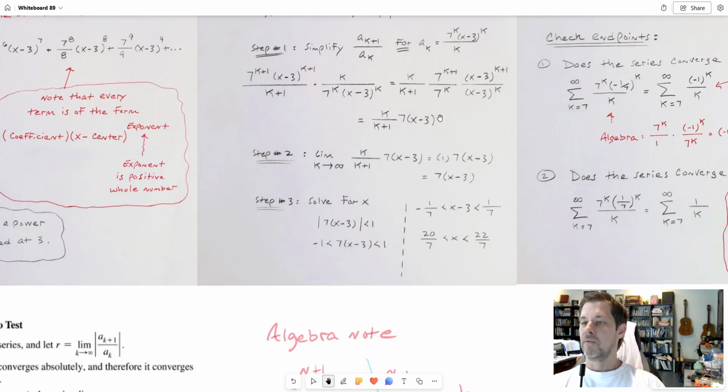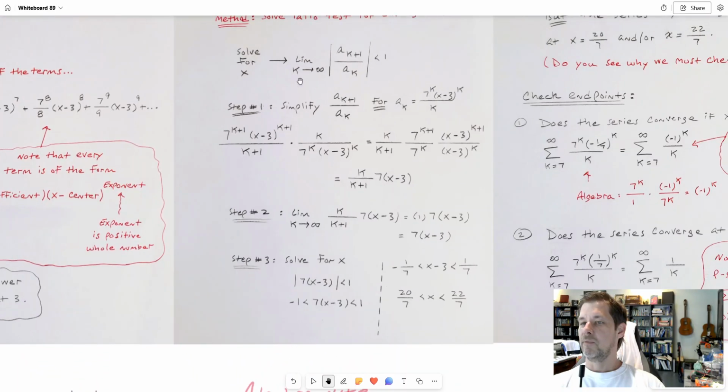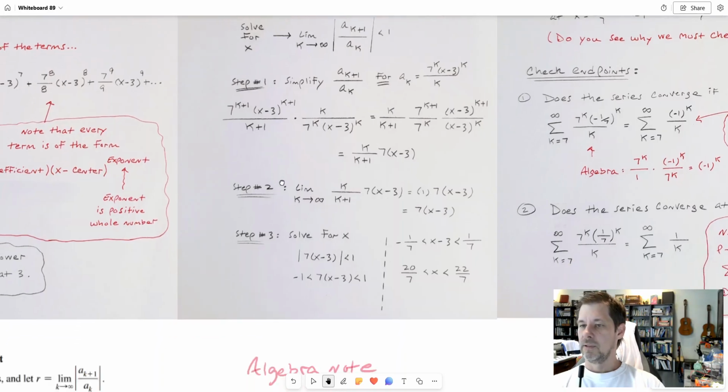Okay, so right there, that would conclude step 1 of just simplifying. Step 2, well, let's take care of the limit, now that we've got it simplified. So what's the limit as k goes to infinity of k over k plus 1 times 7 times x minus 3?